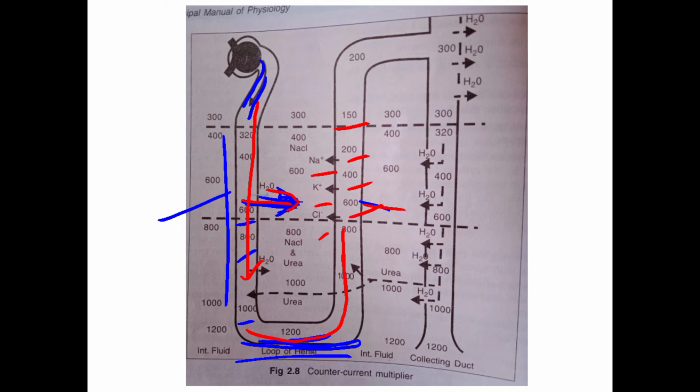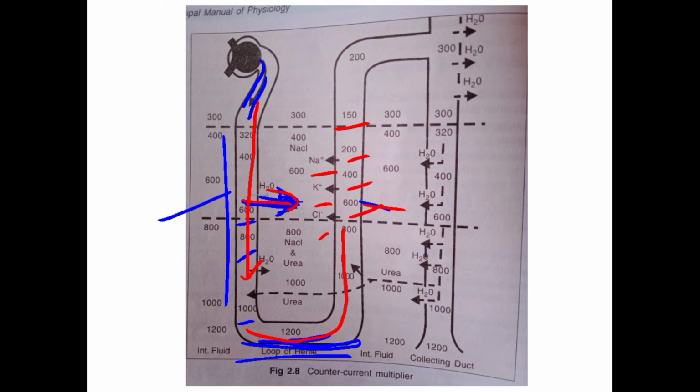So, understood? When the filtrate is passing through the descending loop of Henle, water diffuses out, the osmotically active substances increase and the osmolality increases, becoming 1200 at the loop of Henle.